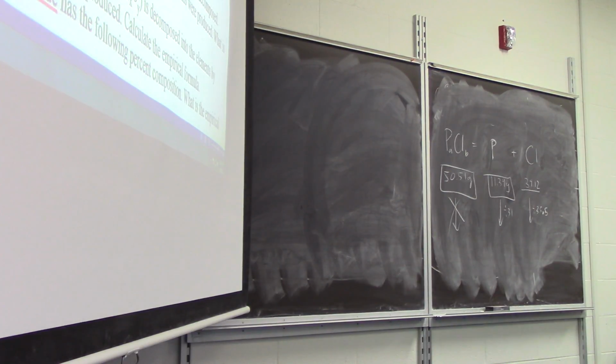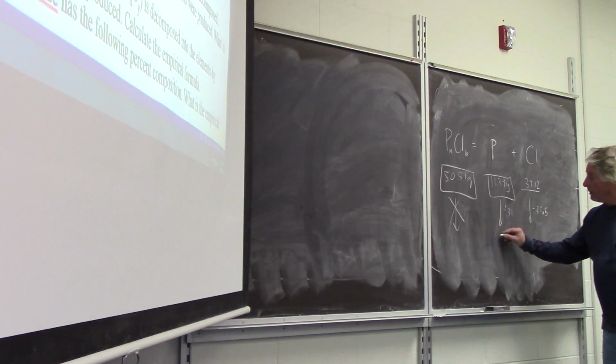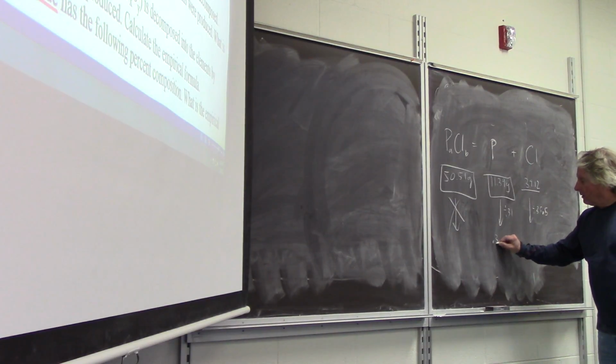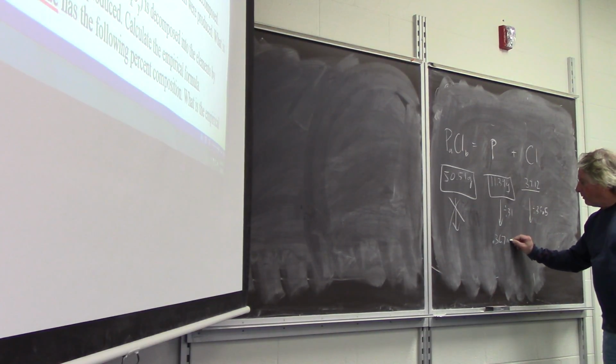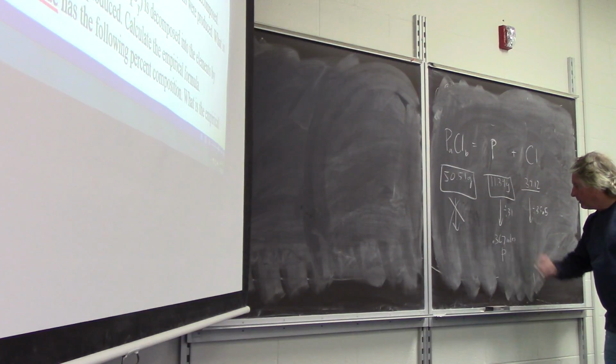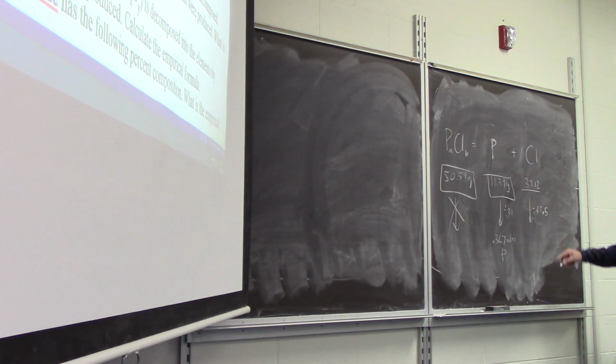If you want to be really precise, you use sig figs and everything, but usually you end up getting whole numbers that are real close. And on a test, I would let you know what to do with the sig figs. 11.39 divided by 31 is 0.367, so that's how many moles of phosphorus. And then 39.12 divided by 35.5 is 1.10.